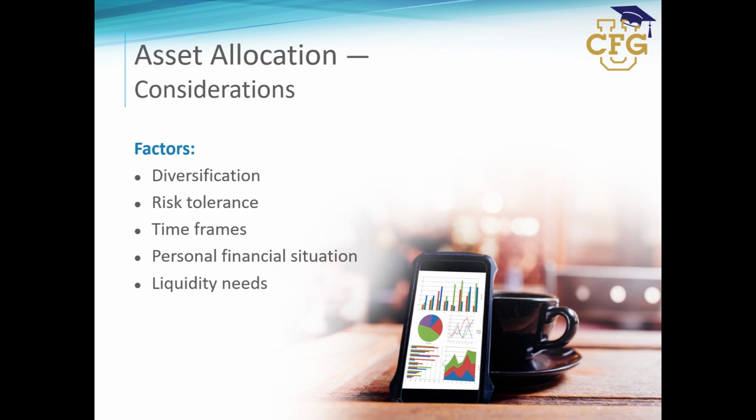They take this information and then suggest a possible allocation mix. You'll want to choose a mix that has the potential to provide you with a return at the level of risk that you are comfortable with. For that reason, it often makes sense to work with a financial professional who will gauge your risk tolerance and then develop a portfolio that matches your risk tolerance and personal financial situation.